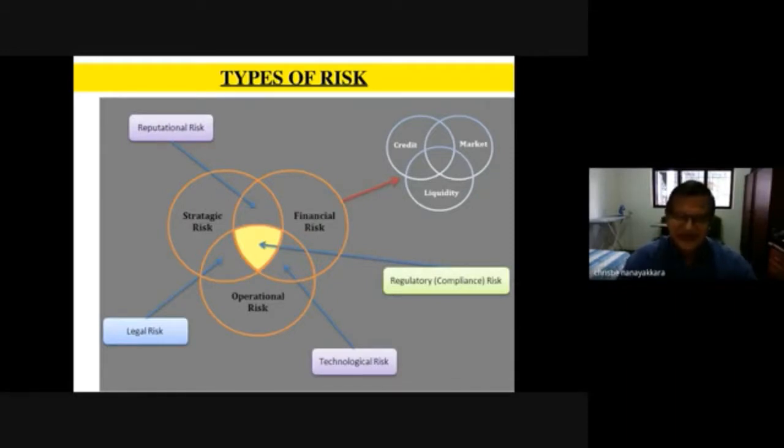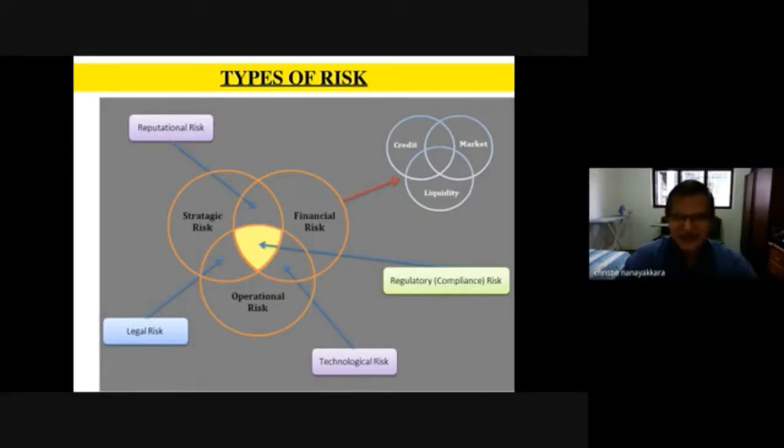So in between, I have put some arrows for those interconnections. Now, financial risk coupled with strategic risk is related to reputational risk. If we don't treat our customers well, don't provide conveniences, or don't meet obligations on time due to liquidity, we will run a reputational risk.